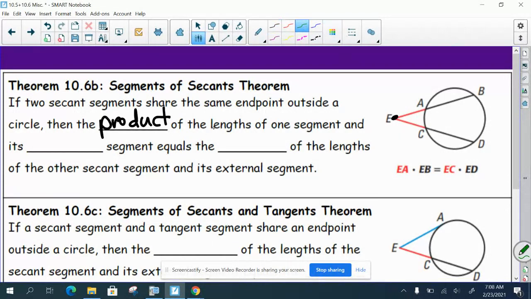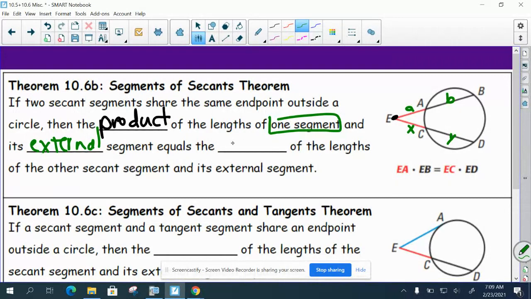The product of the length of one segment, so the whole thing, and its external segment. So we're going to take the entire segment and multiply it by just the external segment. So we'll call this part A and we'll call this part B, and then we'll call this part X and we'll call this part Y.